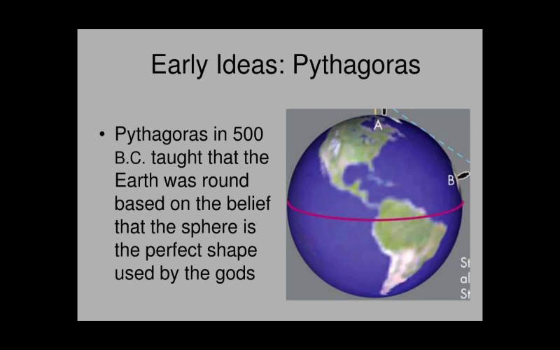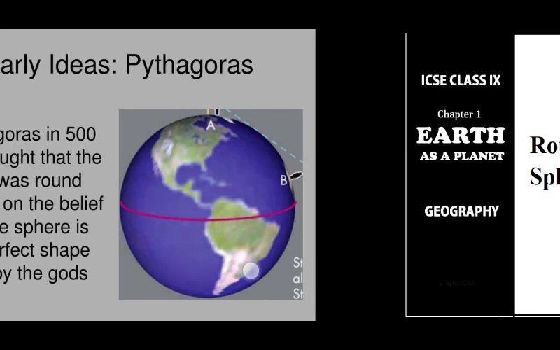The reason is not scientific. According to his belief, the sphere is the perfect shape used by gods. That was the reason why he guessed that the shape of the earth would be spherical, but it does not have any scientific base.